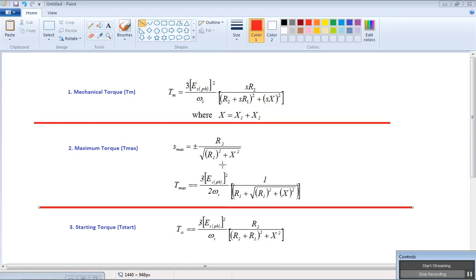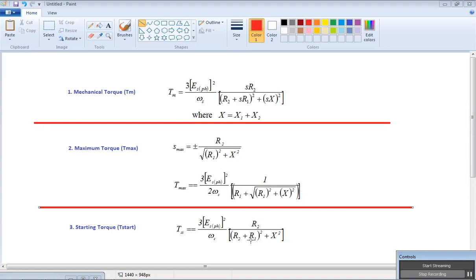We have two choices: we calculate first the maximum slip and substitute it into the mechanical torque equation to get the maximum torque, or we can straight away use this equation. In this equation we don't have any slip term because it has been substituted and simplified.